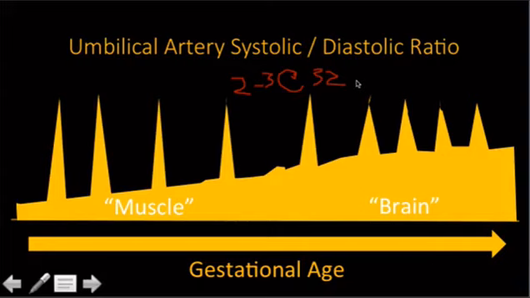Whereas a brain is a low resistance structure, and continuous diastolic flow is required. So just think about that: as you get more of a brain and less of a clump of cells, you start acting more like a brain and less like a muscle.